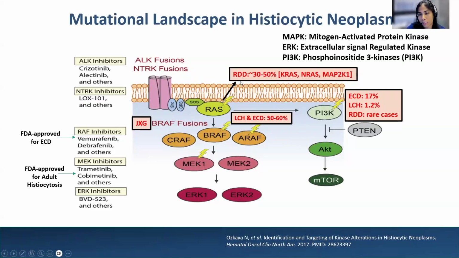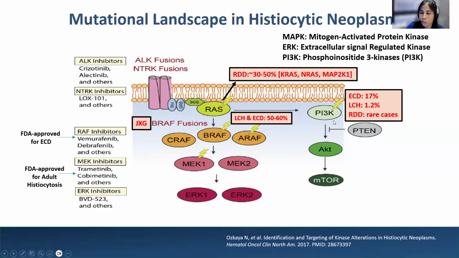Whereas in Rosai-Dorfman disease, recent literature has shown evidence of approximately one-third of these cases being clonal, with the most common mutations being KRAS, NRAS, and MAP2K1. And for this reason, the current classification system has recognized this as a distinct histiocytic neoplasm.